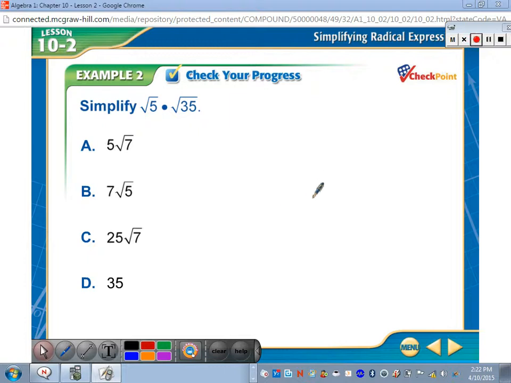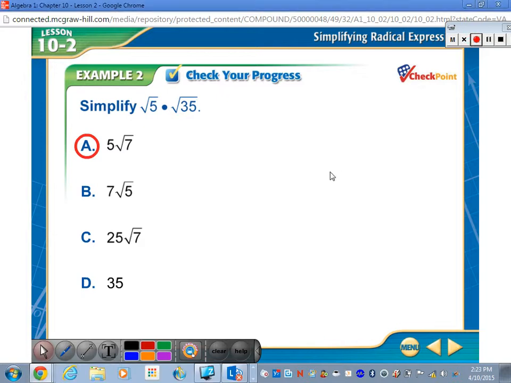So square root of 5 squared times 7. So this is the square root of 5 squared times square root of 7. This cancels, so we'll get 5, and this is prime, 5 square root of 7. So our answer is A. And let's see. And that's what we got. Perfect. We're doing great.